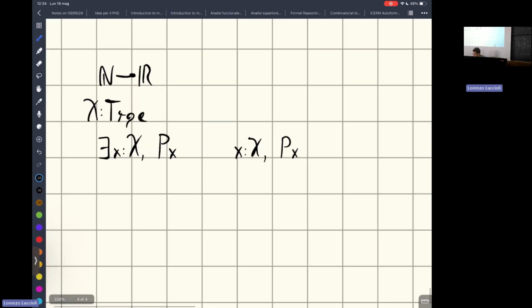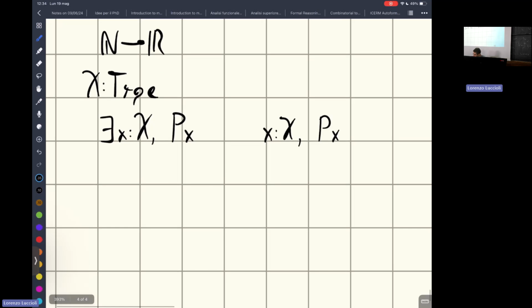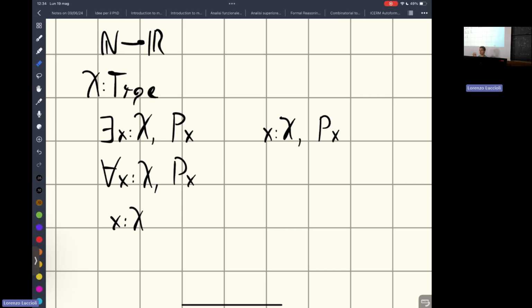And that's, I think, a bit more apparent when we look at the for all quantifier and say for all x in X, P of x holds. What I'm doing here is actually an implication in disguise, because I have to take an element of X and provide you a proof of P of x. Now, maybe I've been a bit naughty with the notation here because I'm using P again.